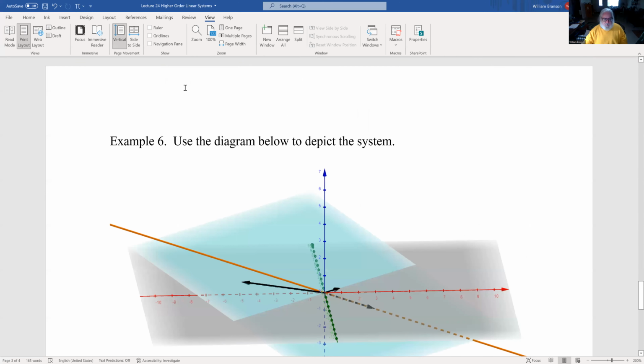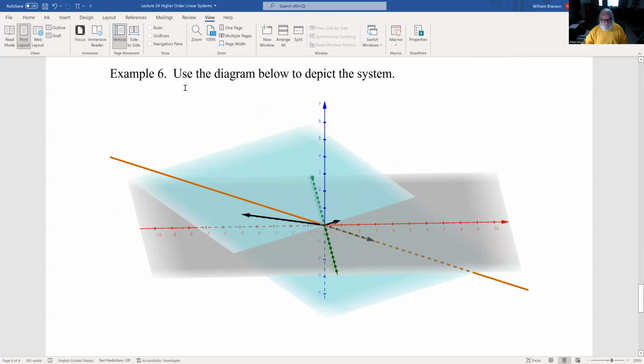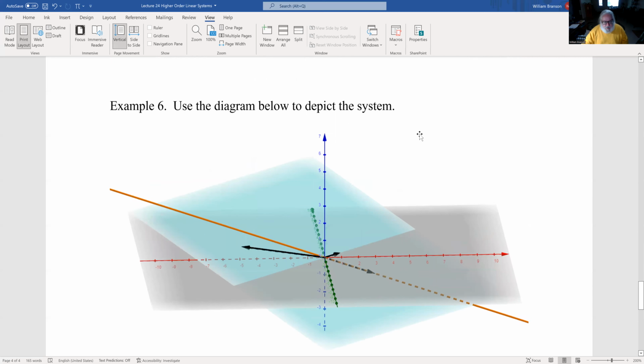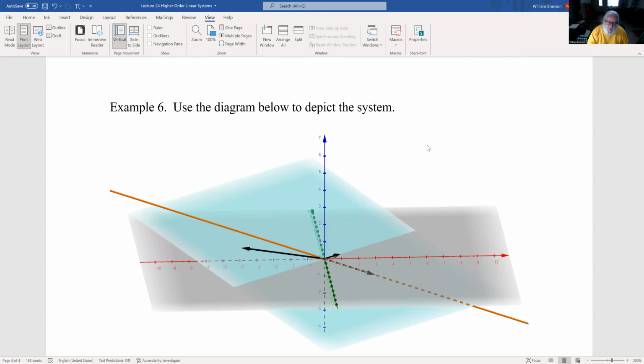So if we go to a picture, again, the plane here is spanned by v1 and v2, and this is the span of v3, right? So there's v3 going out along that.